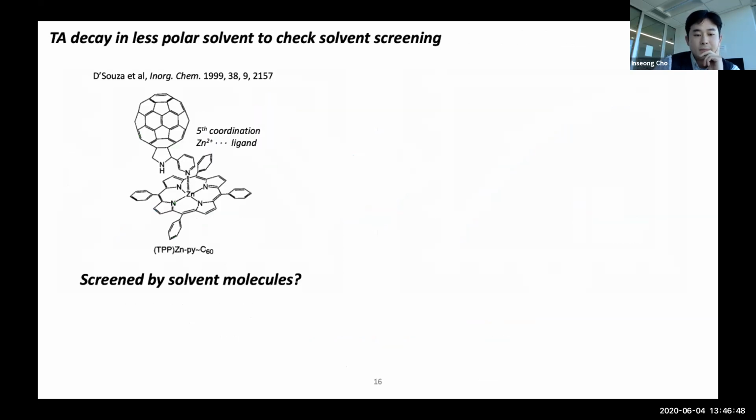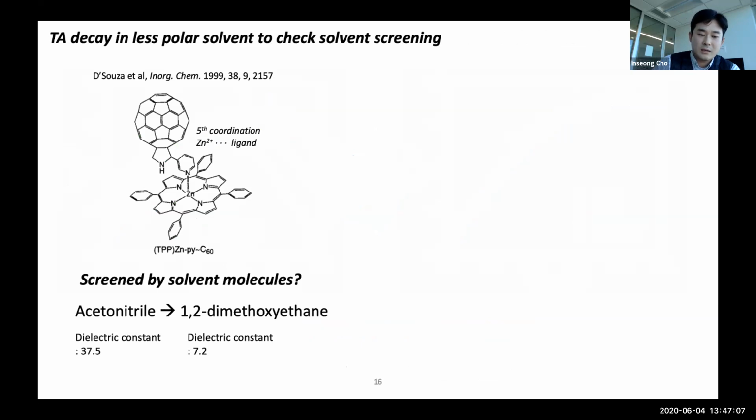However, it is well documented that the zinc ion can make a 5th coordination with an axial ligand in solution, if there are free ligands dissolved in solution. But in our case, that's not the case. But we've got a fairly polar solvent, acetonitrile, with a 37.5 dielectric constant. So that may make some 5th coordination with zinc, and screen the electrostatic interaction effect.